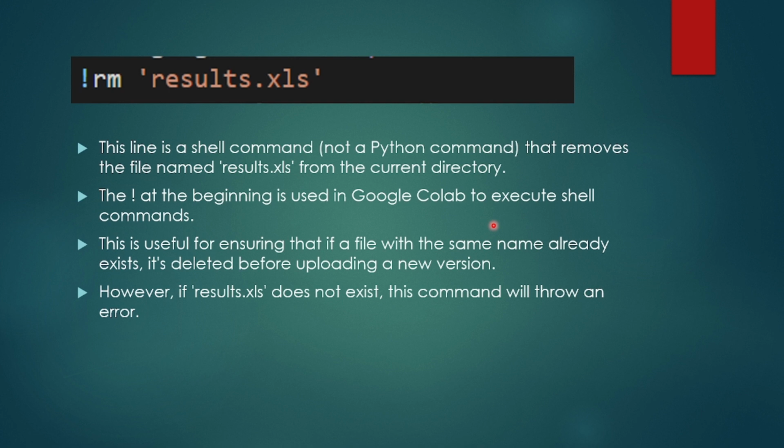For example, I personally work very frequently with this line and I have never actually received an error, but it really depends on the environment that you work in. Sometimes it may throw an error if you don't have any previous version of that file. So sometimes it's best practice to just comment it out and use it if necessary.